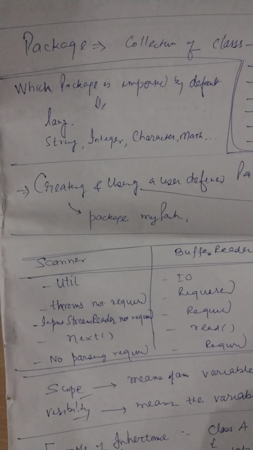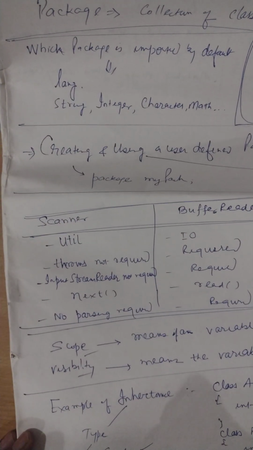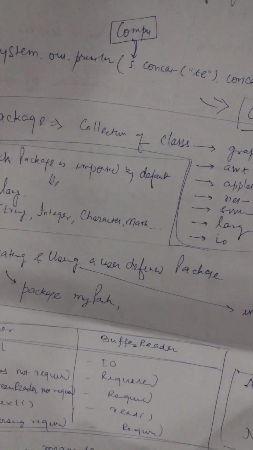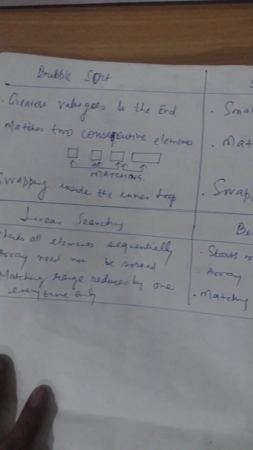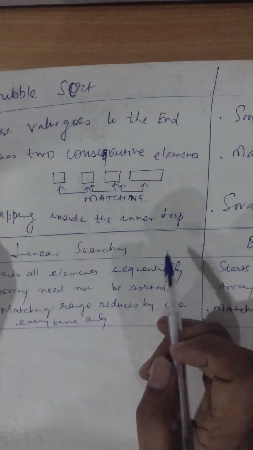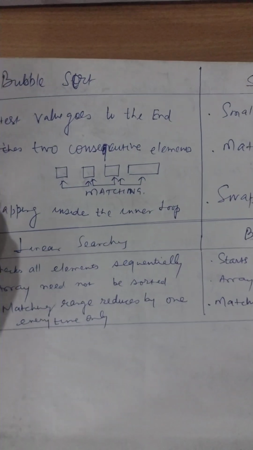Then here I have given the example of inheritance. So types are single, multi-level, multiple, hierarchical, and hybrid inheritance. So like this, all these details of object oriented programming, Java programming, and finally we have the difference in bubble sort and selection sort, linear searching and binary searching.